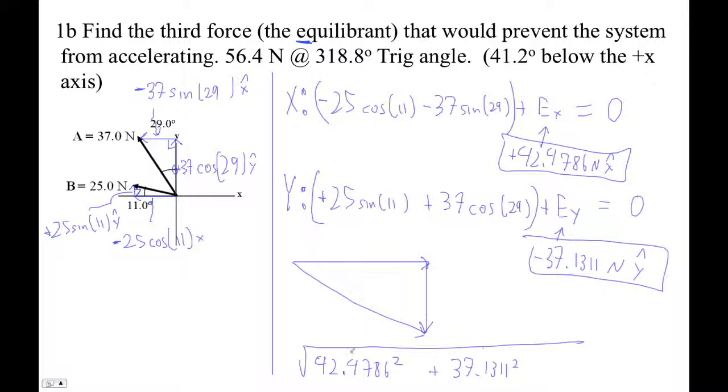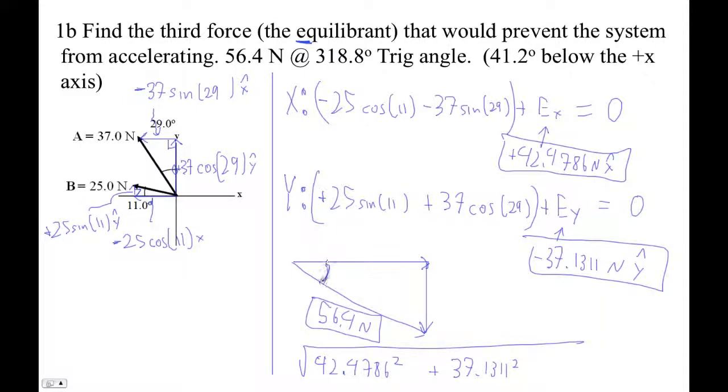Don't put the minus in there if you have a TI calculator, or you'll be in for a nasty surprise. It doesn't make it positive when you square it. I stored these in registers in my calculator, so I'm squaring this, squaring that. 56.4 newtons is my hypotenuse.